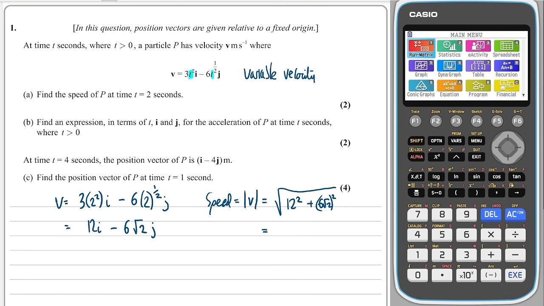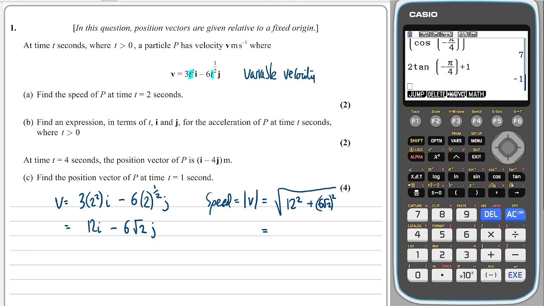So I'll put into my calculator the square root of 12 squared plus, in brackets, 6 root 2, close brackets, squared, equals, and that is 6 root 6. It doesn't give me a particular degree of accuracy, so I'm just going to leave it in exact form, meters per second, to the minus 1.